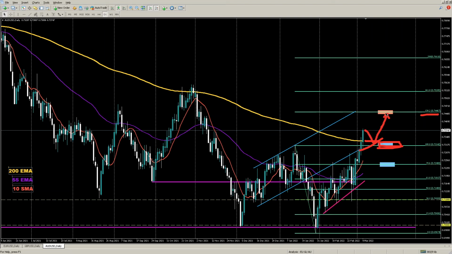And after that, we'll see how high it can go. But if it does fall back lower, then there is support at the 21 fib retracement.